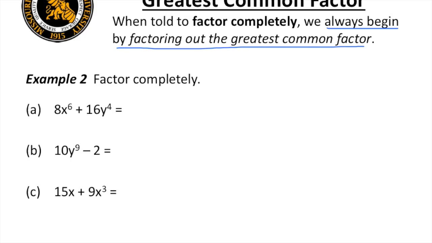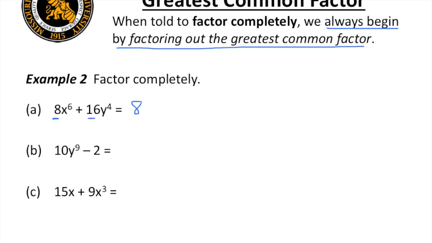So we look at each term and we ask ourselves, what is the greatest numerical factor that divides both coefficients? And the answer is 8. 8 is the largest factor that divides both the coefficient of 8 and the coefficient of 16.